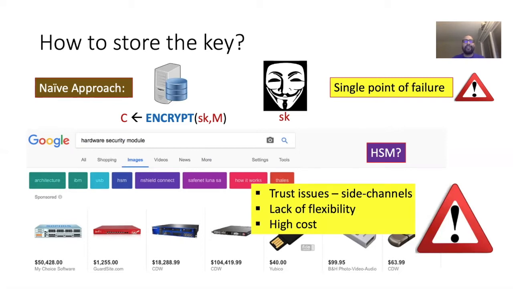Secondly, there is a lack of flexibility. That means HSMs are typically bound to some particular algorithms and it's very hard to make any change to them. And then, for HSMs of good quality, as you can see here from the Google search, the cost can vary from like $40 to several hundred thousand. So because of the high cost of a good quality HSM, sometimes it's very expensive.